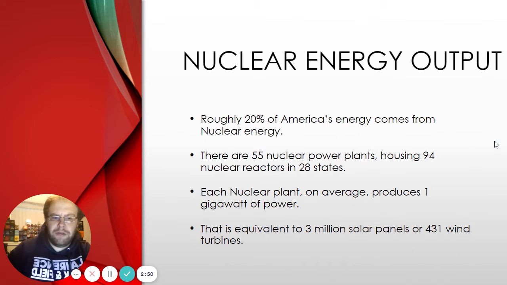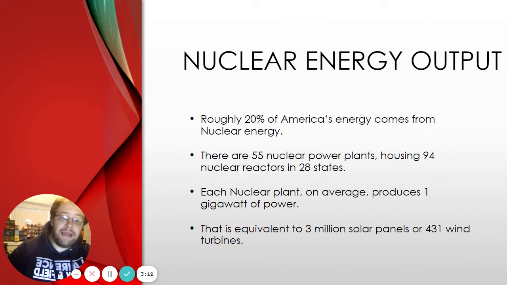So nuclear energy output, here are some statistics that you can find on the internet. Roughly 20% of Americans' energy comes from nuclear energy. I grew up in Illinois, and there's over 20 nuclear power plants in that state. There are about 55 nuclear power plants, housing 94 nuclear reactors in 28 states.